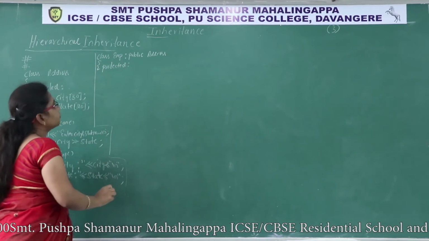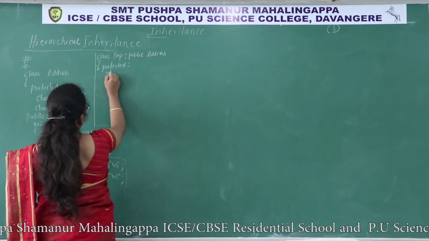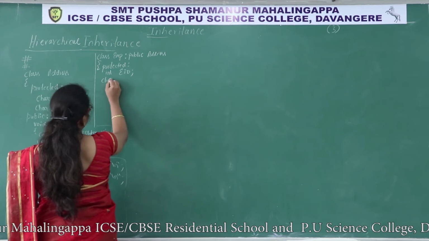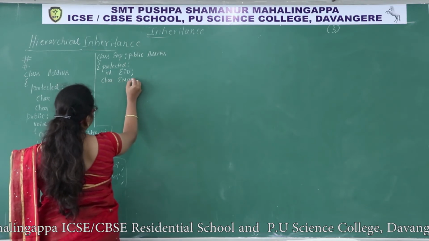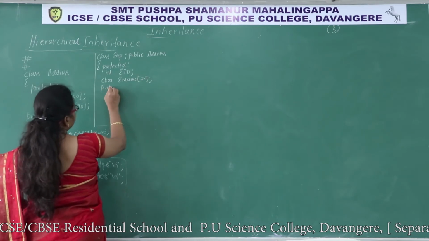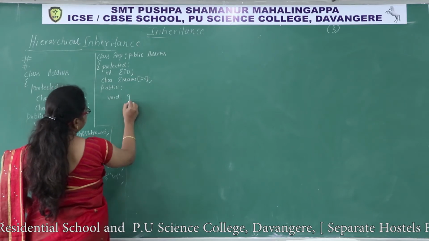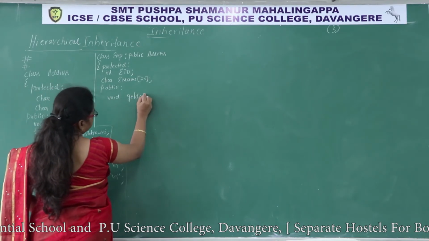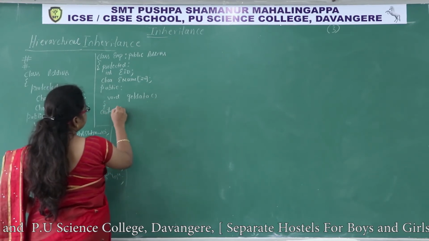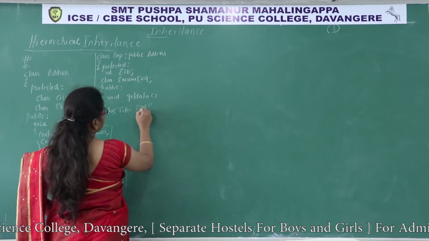What are the data members of employee? Employee ID and employee name. int EID, char ename. In the public section, void getdata, cout enter employee ID and employee name.